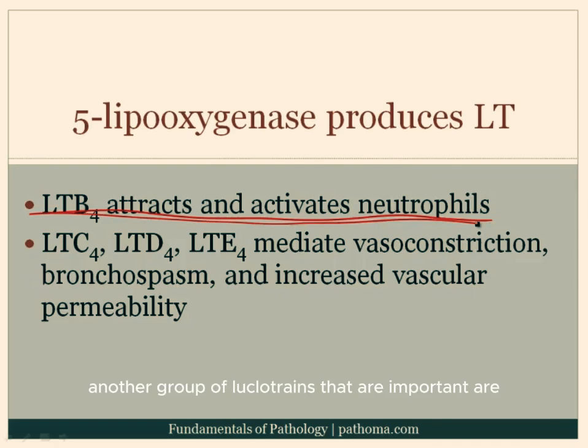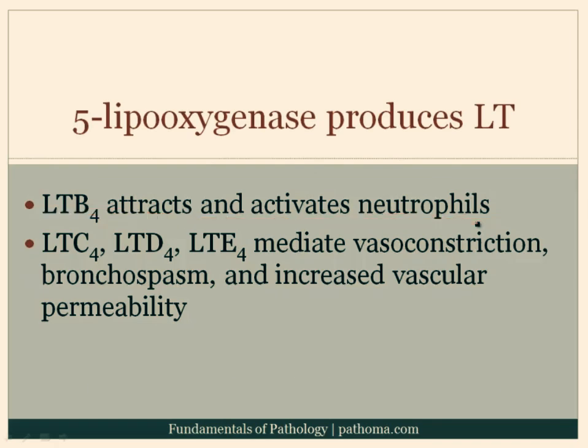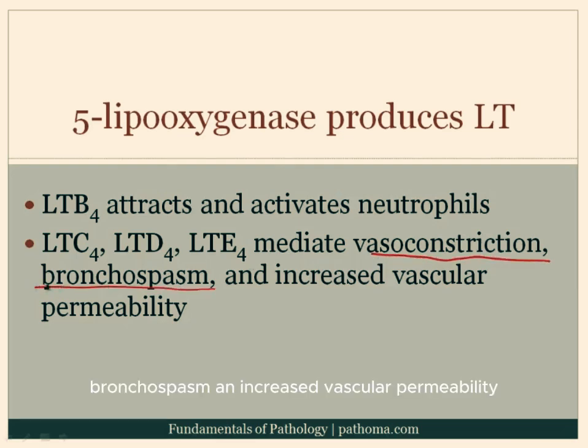Another group of leukotrienes that are important are leukotriene C4, D4, and E4. Now leukotriene C4, D4, and E4, what they do is they mediate vasoconstriction, they cause bronchospasm, and they increase vascular permeability. So three actions: vasoconstriction, bronchospasm, and increased vascular permeability.